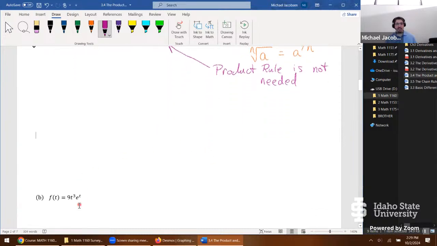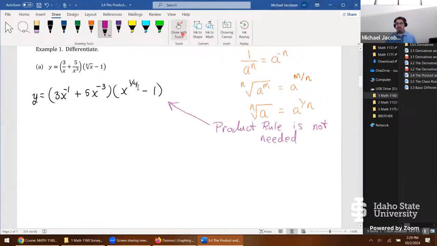We can't ever do that with t cubed times e to the power of t. There's no way to separate that out. So that's a function where we have to use the product rule no matter what. So this one's kind of a review problem, and this will happen in our notes in section 3.4 and in our homework assignment. We have to judge if we really need the product rule or if there's an easier alternative. This turns out to be the easier alternative.